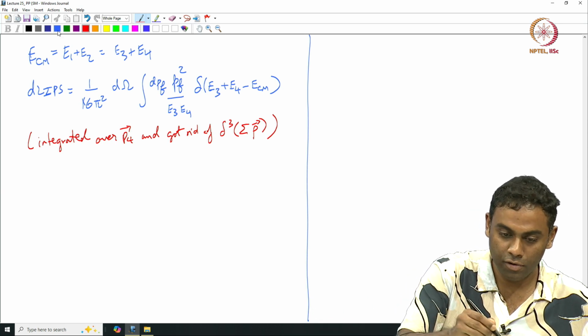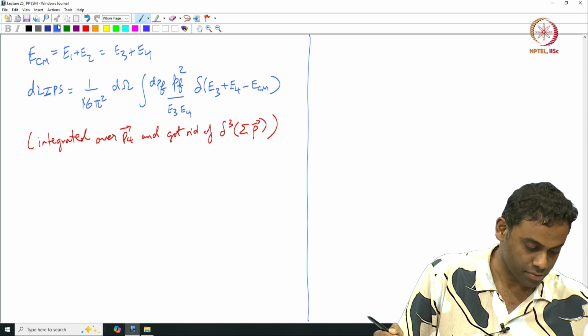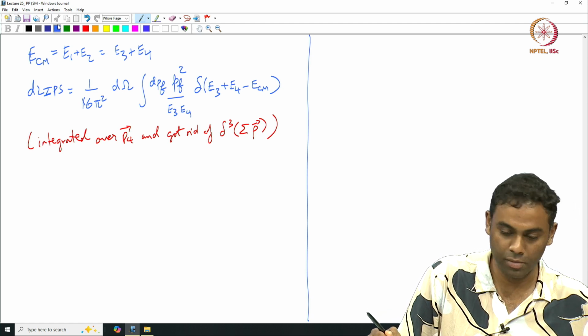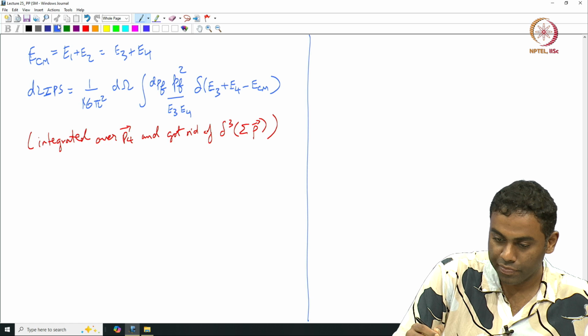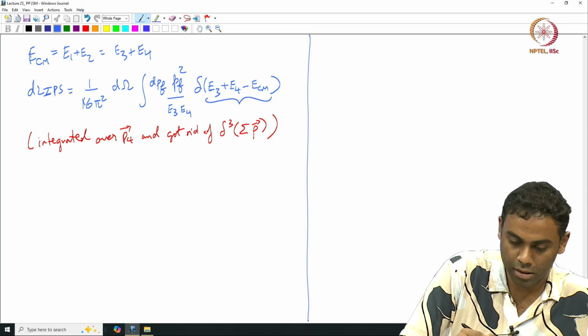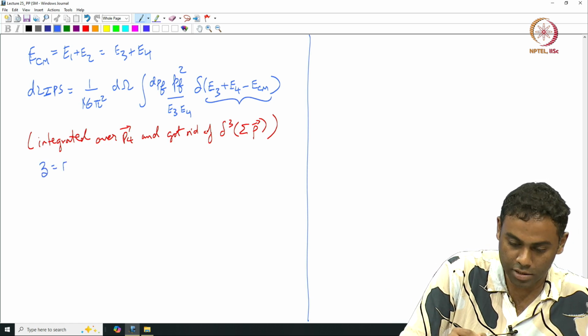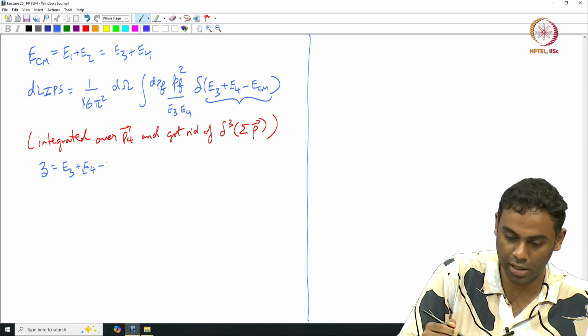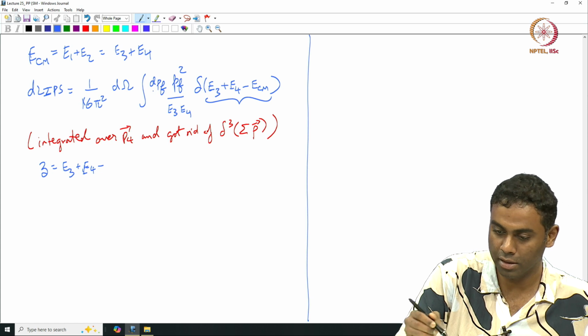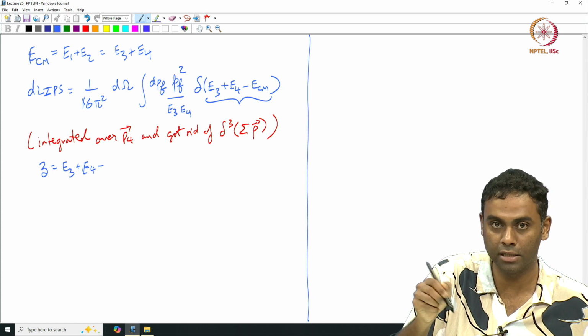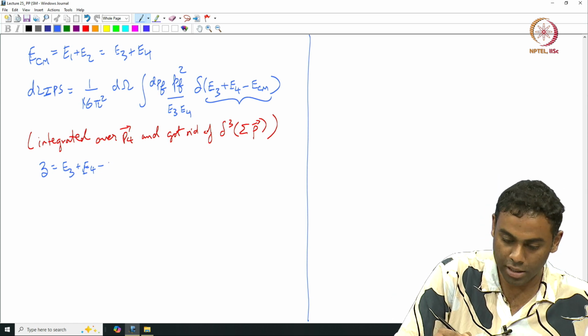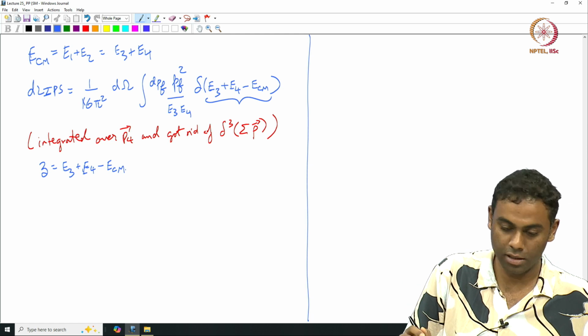Now again to simplify this further, okay, let us switch variables a little bit. This thing, right, let me call that some z. You will see in a moment why I am doing this, otherwise this integral is very hard to calculate, right. I have a PF here, there is a relation between PF and E3 and E4, but it is not very obvious what that is.